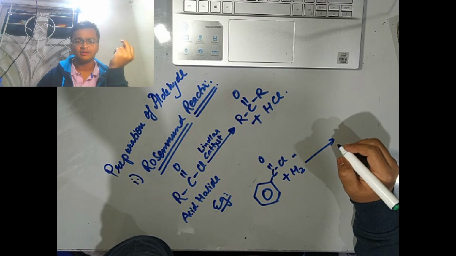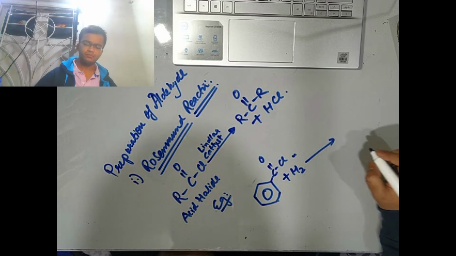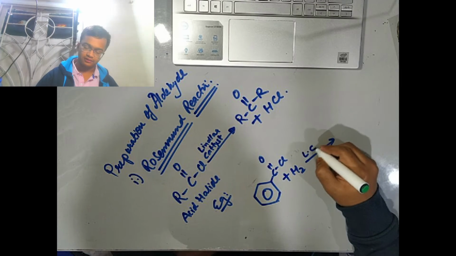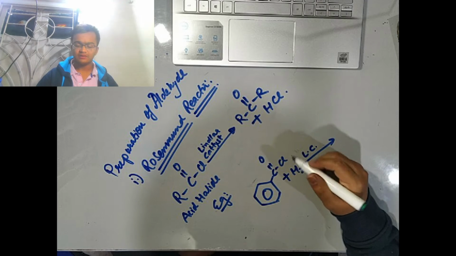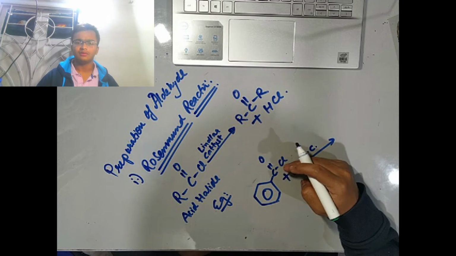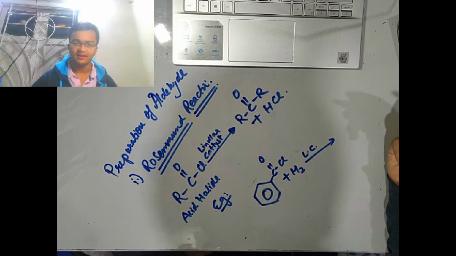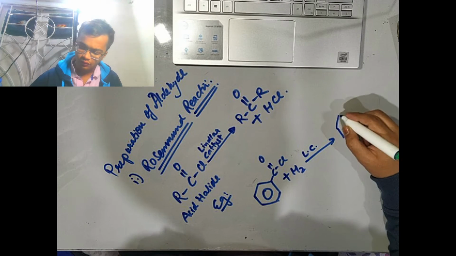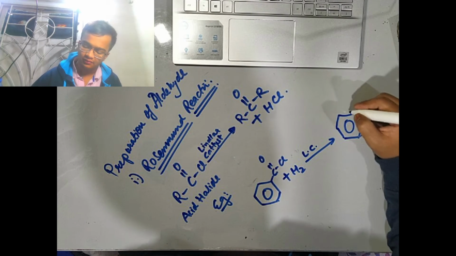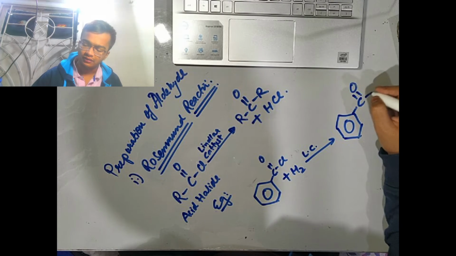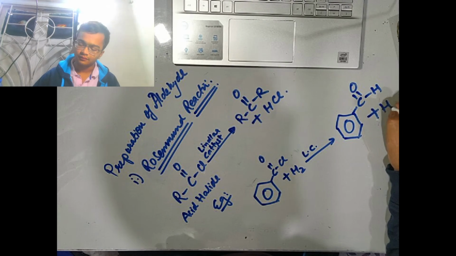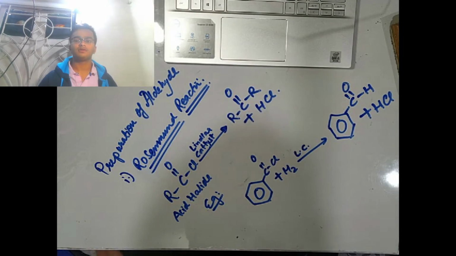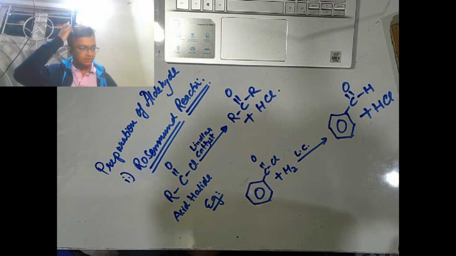Otherwise, H2 is always taken from the atmosphere. Now, what happens here is this Cl will come out. Lindlar catalyst, I am writing it as LC. This H will come out with C, and one H will go here. So an aldehyde will form, benzaldehyde, which is an aromatic aldehyde. Benzaldehyde looks like this: C double bonded O, single bonded H, plus HCl. I hope the board is visible now.